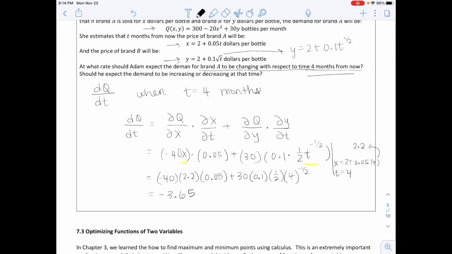And it says up above, should we expect the demand to be increasing or decreasing at this time?